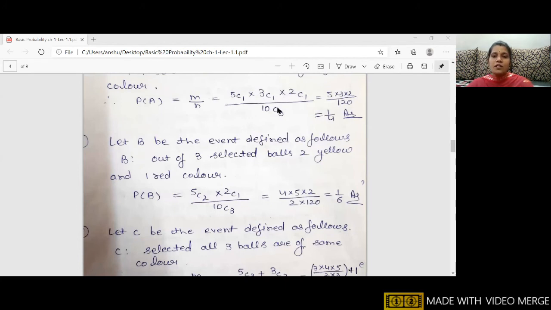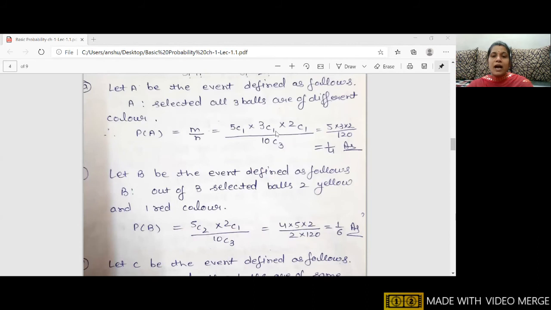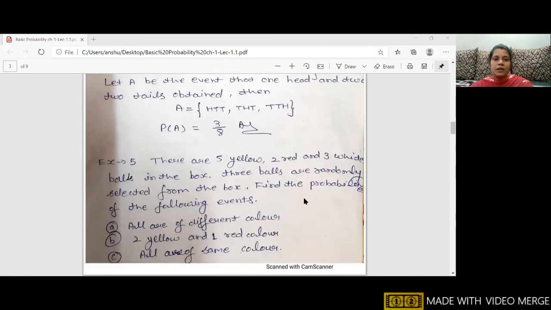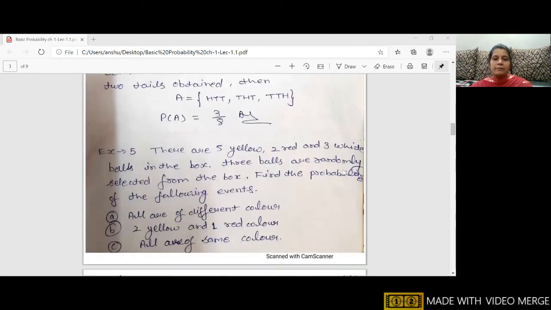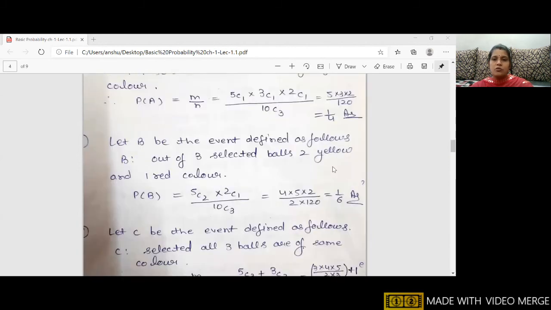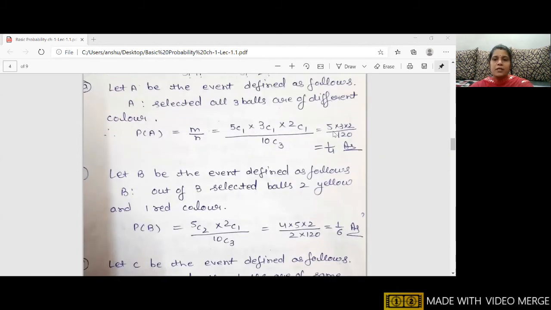Because multiplication is equal to 'and' in our formula. First you check the suffixes: 1 plus 1 plus 1, that means total 3, and we have 3 balls randomly selected from the box. Solving this step, we get the final answer 1 by 4.